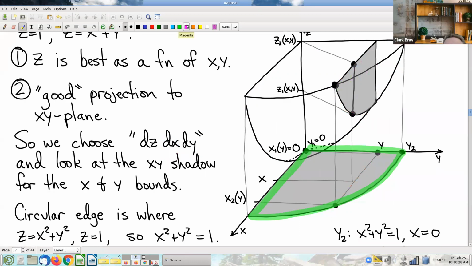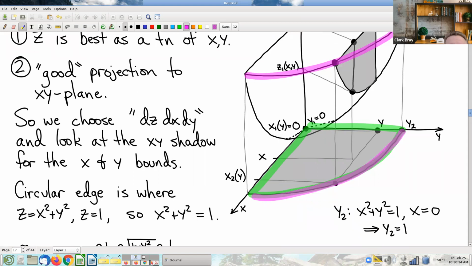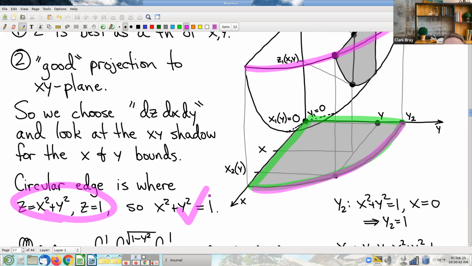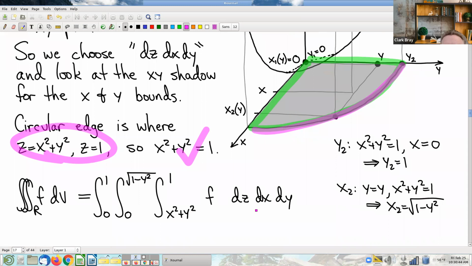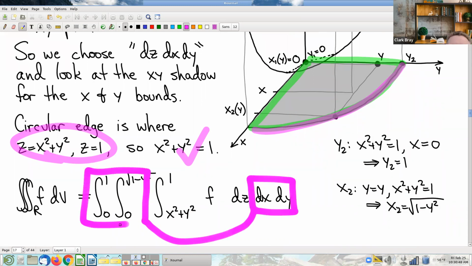All I really need to understand is where this edge is, which of course comes from where those surfaces intersect, which is easy to see as a circle, simple equation. And with that known, I can pretty much immediately write down my X and Y bounds kind of together.